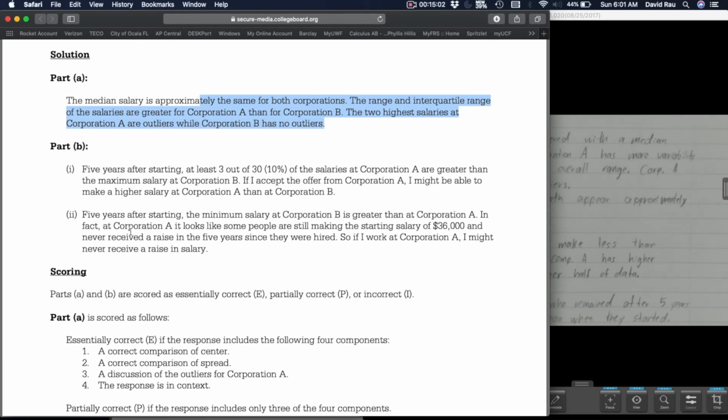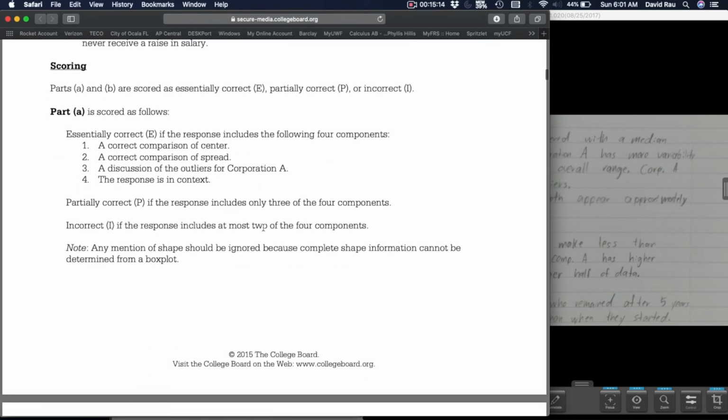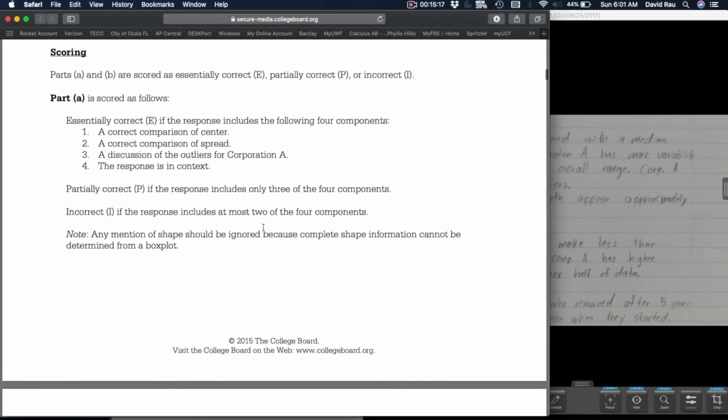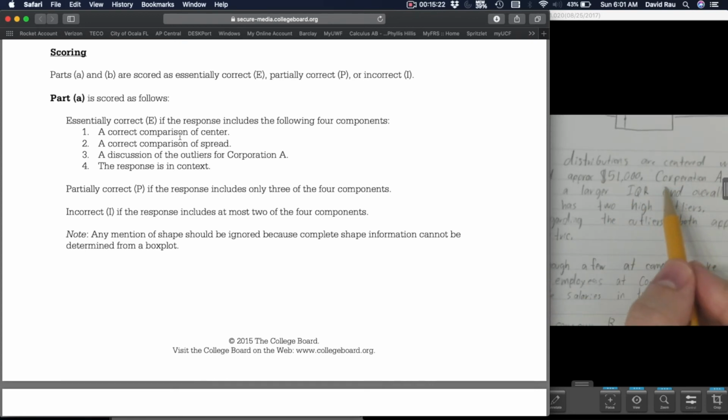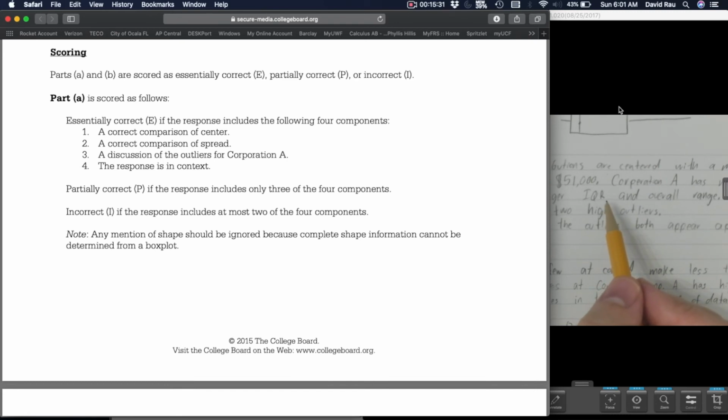All right, 5 years after starting, again, the minimum salary is greater. So some people at A are making 36, so they never got a raise. So you might never get a raise at A. Okay, so I think I might not have actually gotten all the points here, but let's talk about Part A. Part A, notice I addressed the center, in other words, the median. I talked about the spread, and I talked about outliers, and gosh, did I use context?